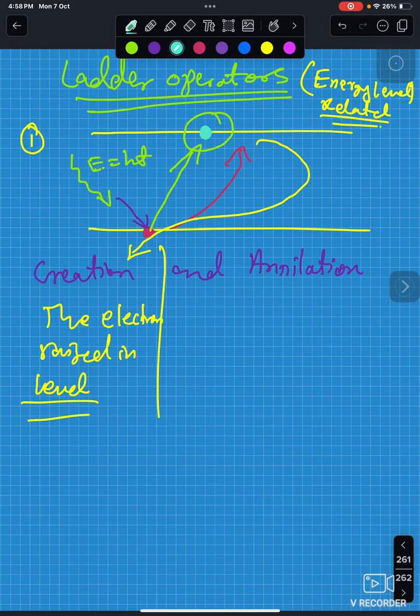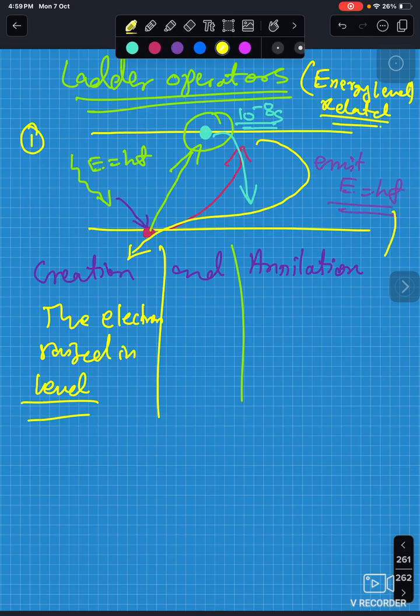But when it goes down, after 10 to the minus 8 seconds, which is the maximum time a particle can be in an excited state, it will emit energy E equals hf.